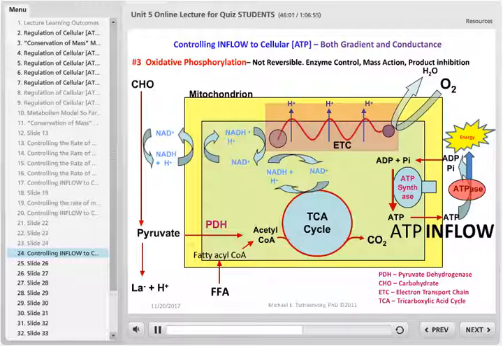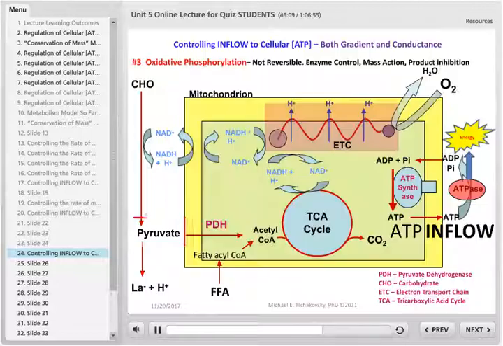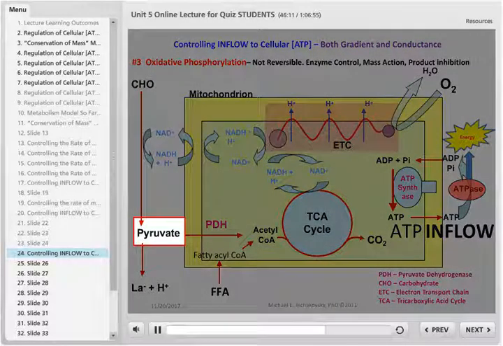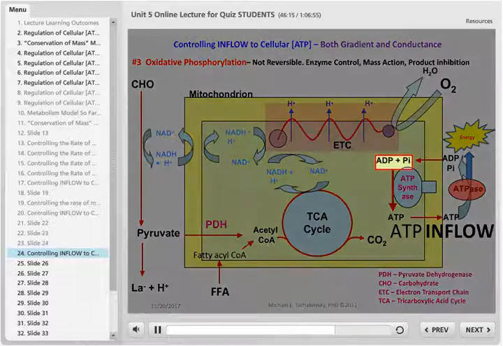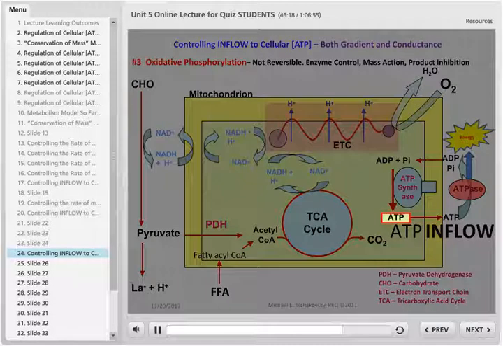And we start off with the creation of pyruvate from carbohydrates. And the energy in pyruvate ultimately ends up in the bond in ATP. And here I'm indicating free fatty acids.